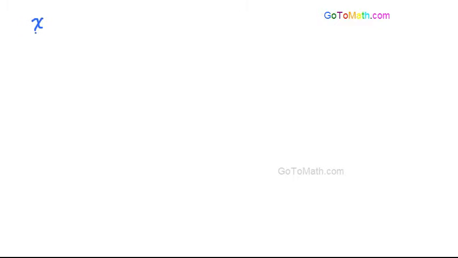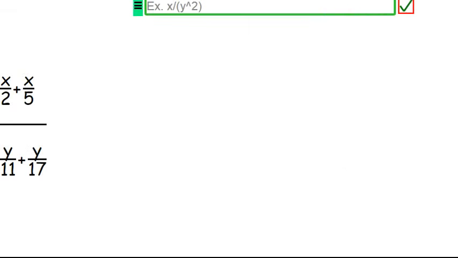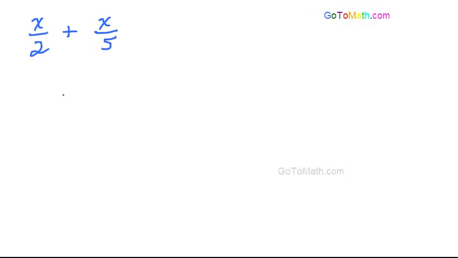So we have x over 2 plus x over 5. That's what it says. And y over 11 plus y over 17.